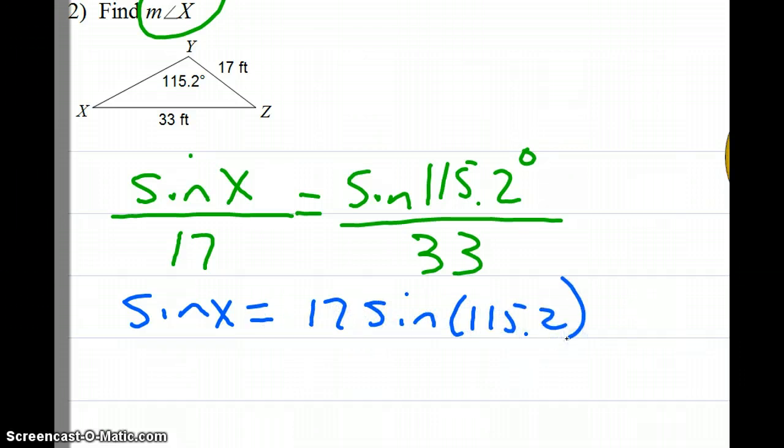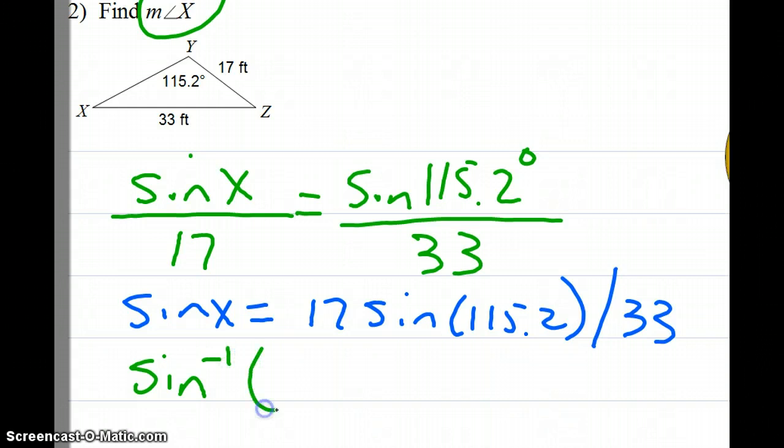Again, make sure you close your parentheses on your calculator before you divide by 33. Then you'll take the sine inverse of that answer to get what X is. So punch with me.